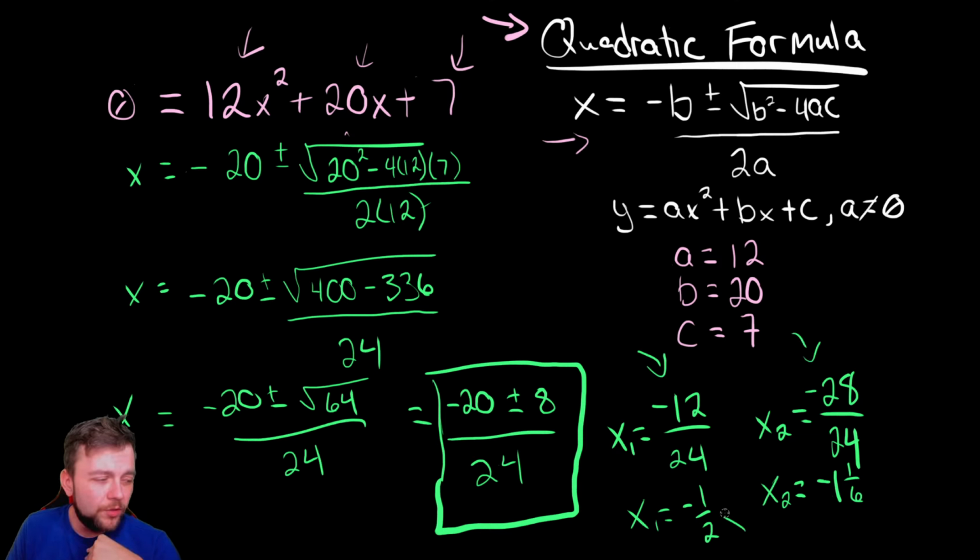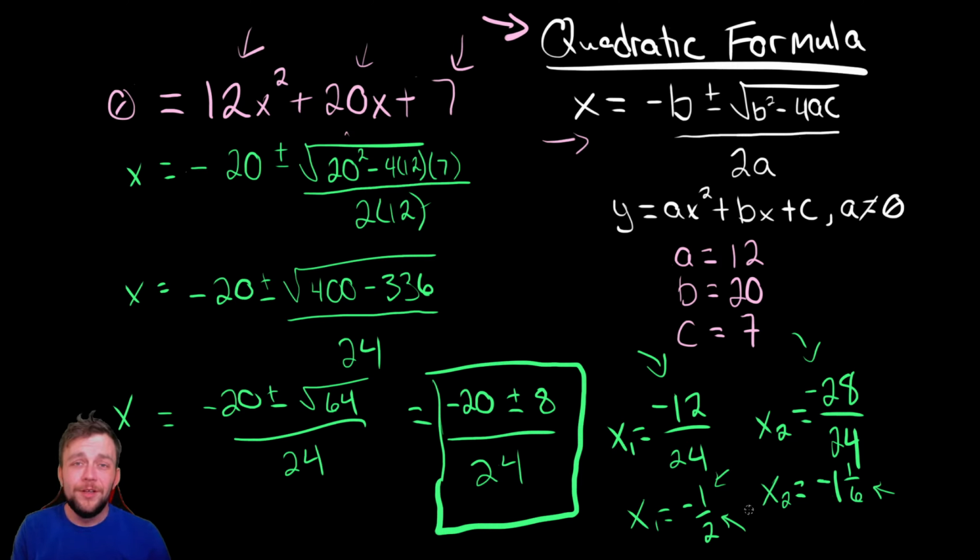Because once we split it up, we were able to simplify and reduce the fractions, and hey, look, it is negative 1/2. I could graph that negative 1/2. It might be a little bit harder to graph the negative 1 and 1/6, but we can start to graph it. So that's why I will still recommend splitting it up.